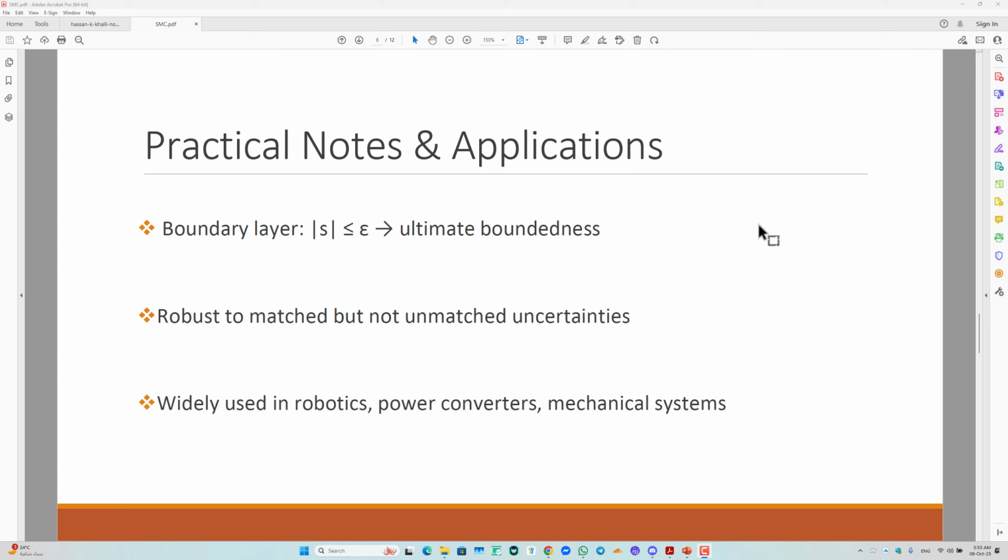In robotics, for precise joint control under changing loads. Speaking of power converters, for voltage or current regulation despite load changes. And in aerospace systems, where robustness to friction and parameter variation is very critical. Okay?